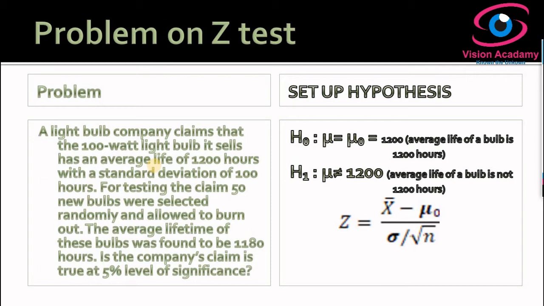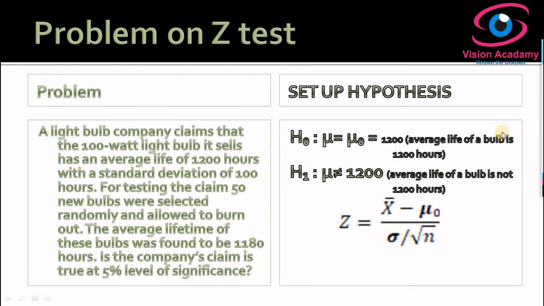It means we want to test the company's claim that the average life of a bulb is 1200 hours. So our claim would simply be mu is equal to 1200 hours, and its complement is mu is not equal to 1200 hours. So the average life of a bulb is 1200 hours, and the average life of a bulb is not 1200 hours.